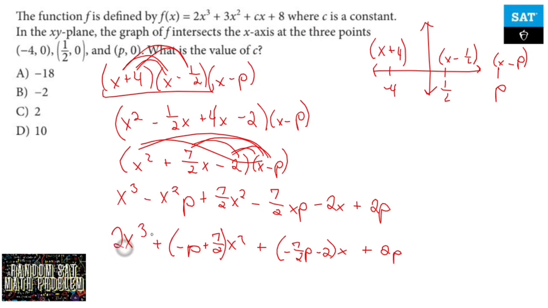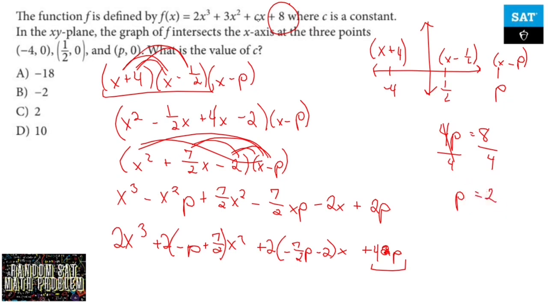So I'm going to multiply 2 to u, 2 to u, 2 to u, and that becomes 4p. Now that I have 4p, that 4p is exactly the same as that 8. So 4p equals 8. Divide everything by 4, divide everything by 4, and p equals 2.